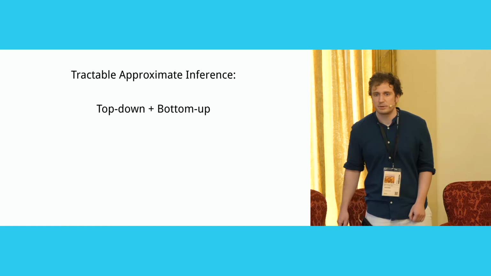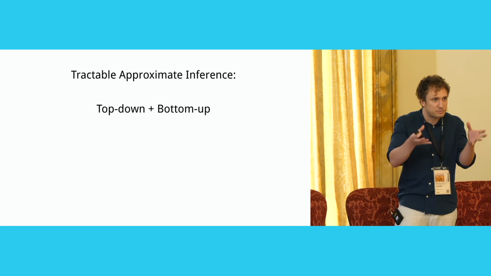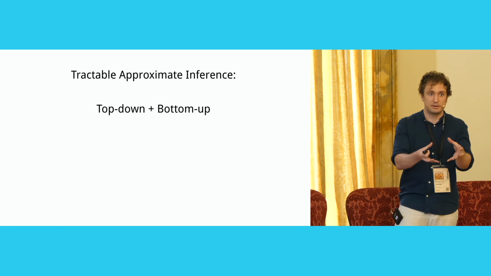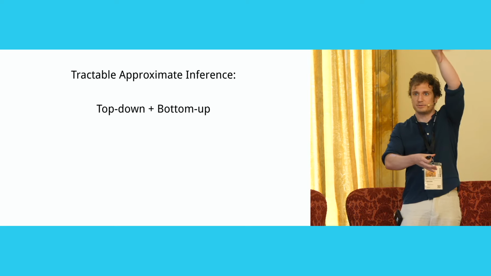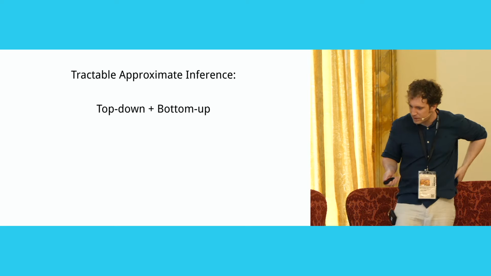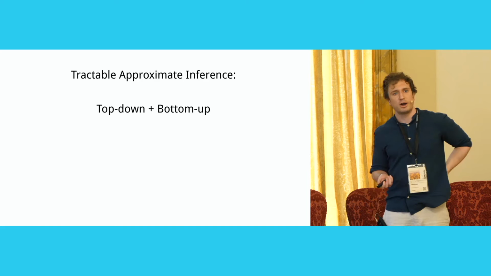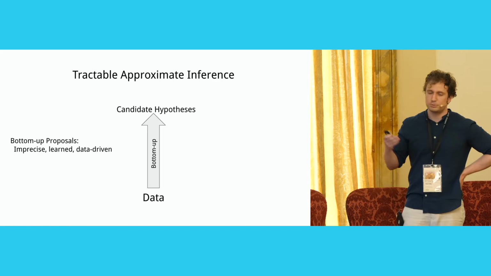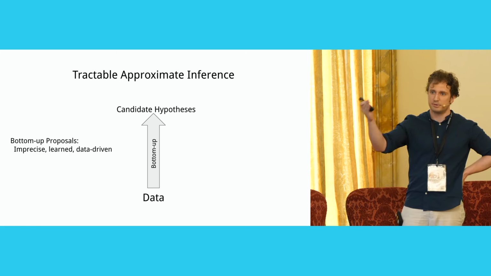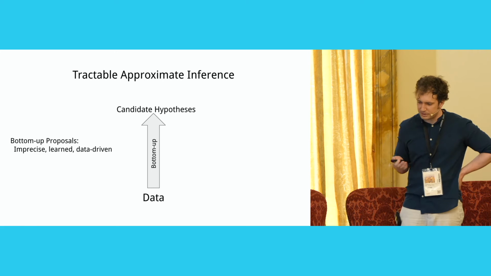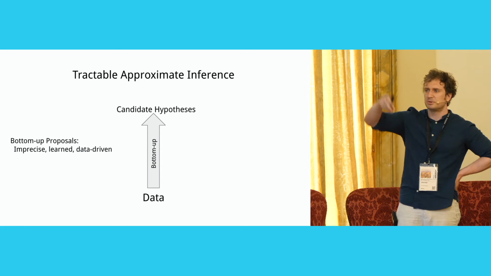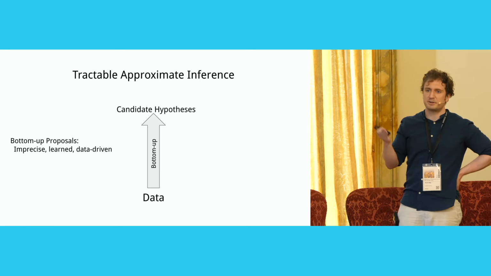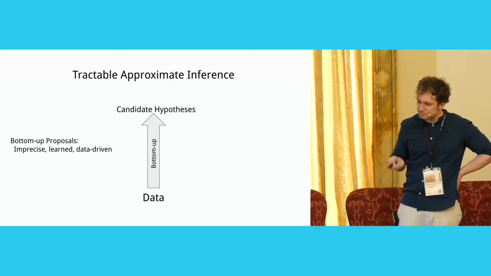And that means we have to somehow infer natural language from concrete data. We have to look at some data and say, here's some hypotheses in language that might explain it. The way we're going to do that is by integrating top-down and bottom-up processing. So in a bottom-up way, we're going to propose hypotheses. We're going to do some kind of inference that conjectures things that are plausible and may or may not actually be true, but they're kind of reasonable guesses.